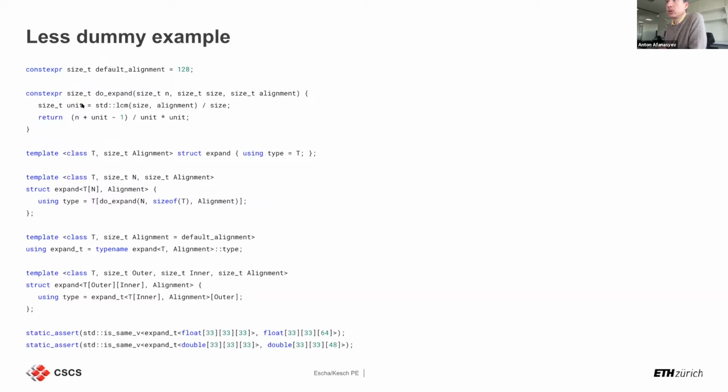So what we are doing here: we have the size of the element and our alignment in bytes, and we take the LCM. It's the least common multiple. It's a standard function, and luckily it's also constexpr.